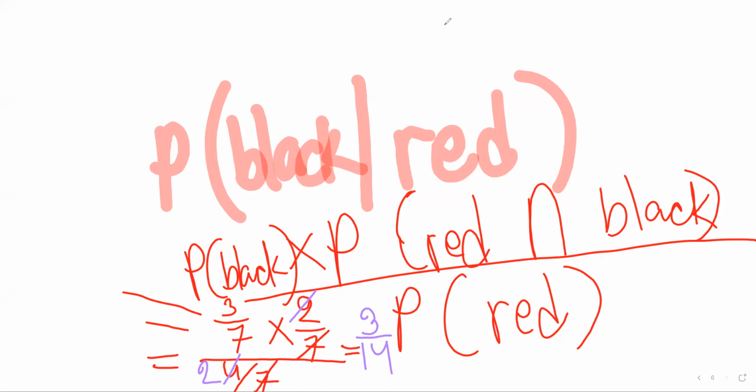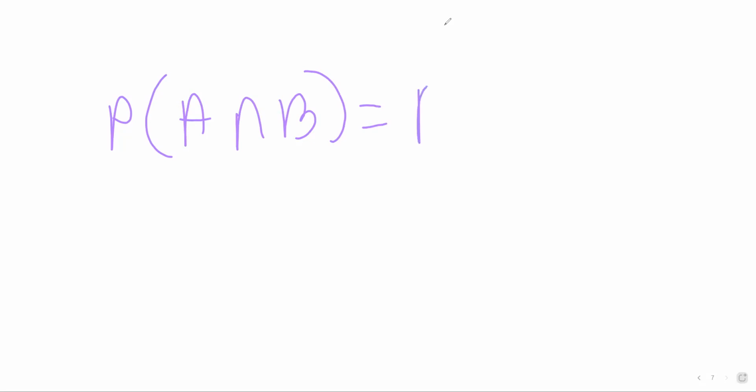So let's see how we derive the Bayes theorem from the concept of conditional probability, right? Like you saw, probability of A and B is equal to, now probability of A intersection B is the same as probability of B intersection A. I mean, they mean the same thing, right?